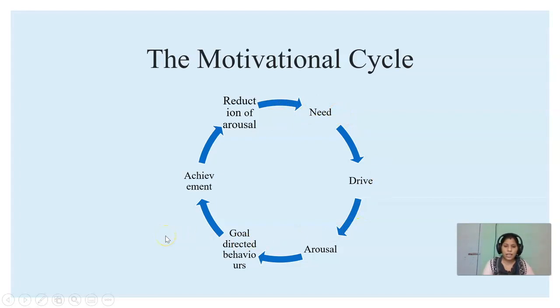So let me explain this cycle with an example. Suppose I want to crack an exam. That is my goal, my objective is to crack the entrance exam so that I can get admission in a good college. That particular need creates some tension and some drive, some tension and arousal within us.